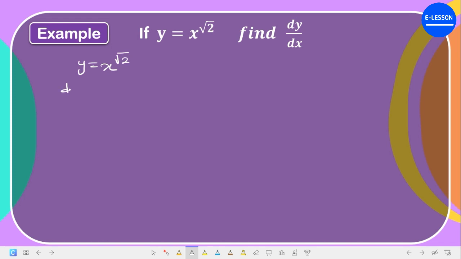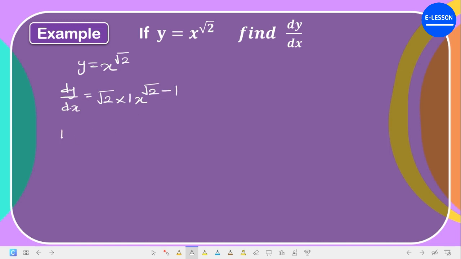So your dy dx would be equal to, root 2 is the power here. Use root 2 to multiply the coefficient here, which is 1 in this case. So root 2 times 1 x, then subtract 1 from root 2, so this becomes root 2 minus 1.